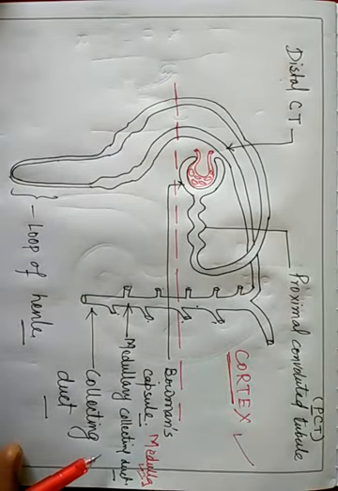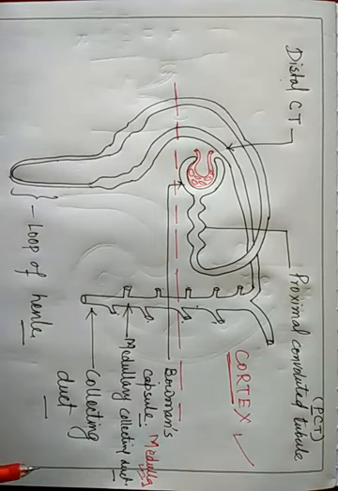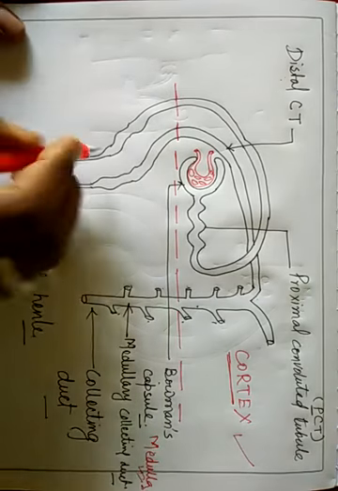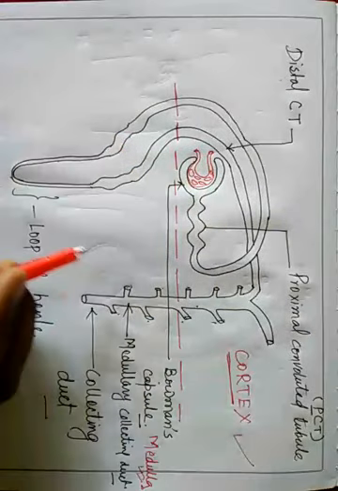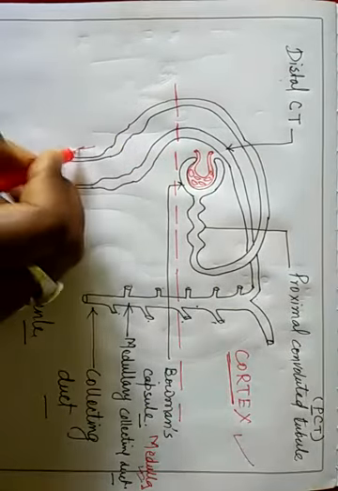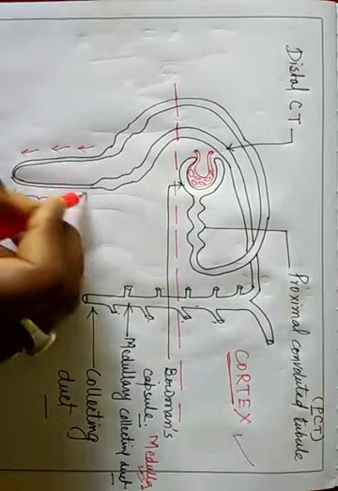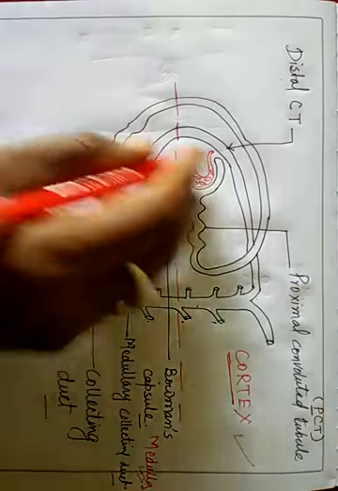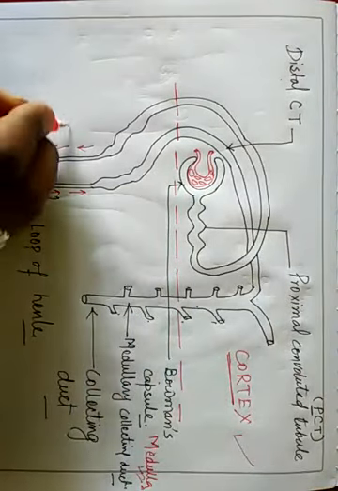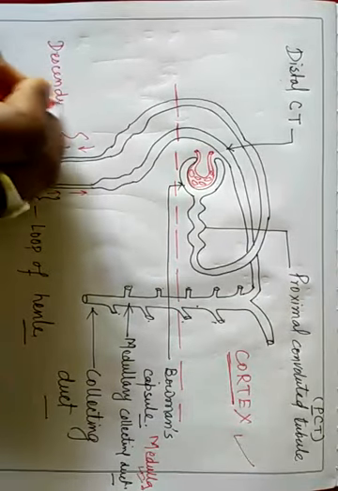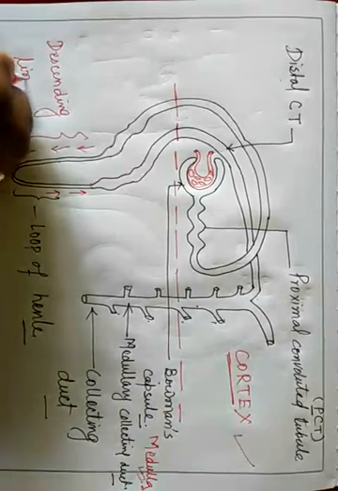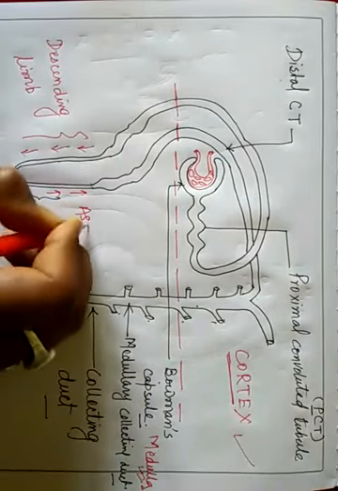So this is the basic tubular segment of the nephron. This is the descending limb and it is the ascending limb, because it is ascending. So we can say it is descending limb and it is ascending limb.